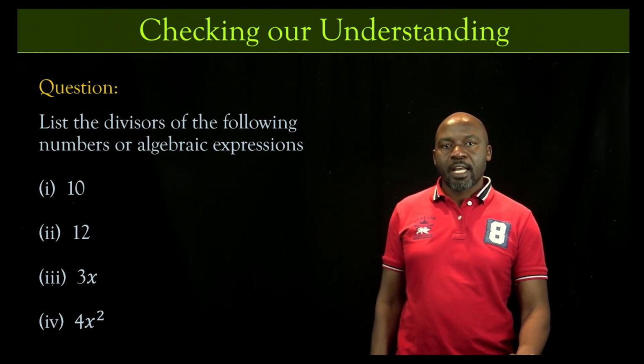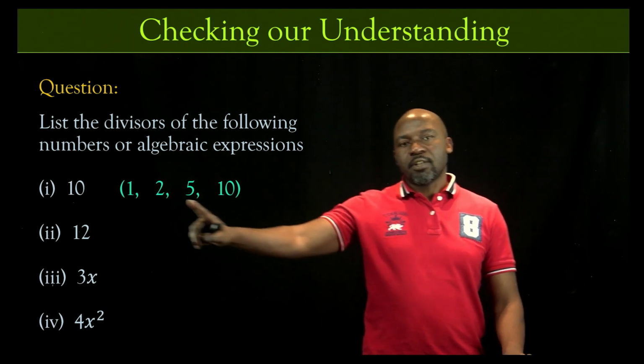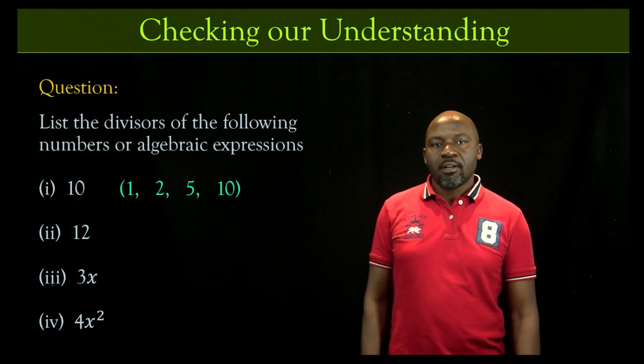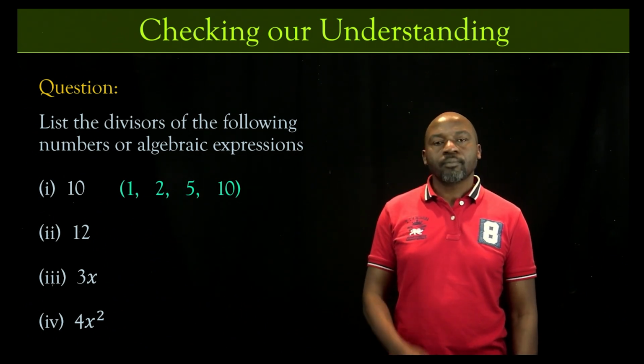Okay, so from my side, the divisors of 10 are 1, 2, 5, and 10. Notice that 1 and 10 are a member of the set of divisors of 10.